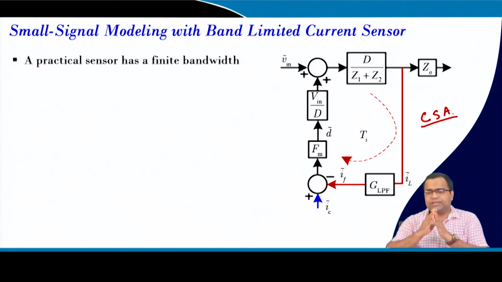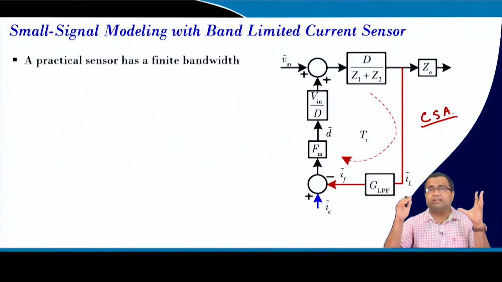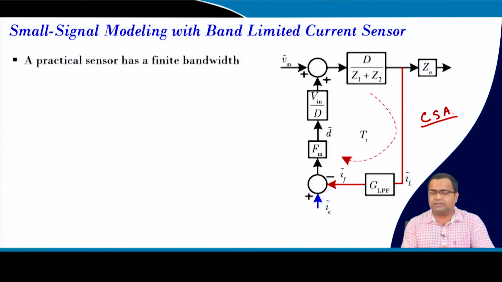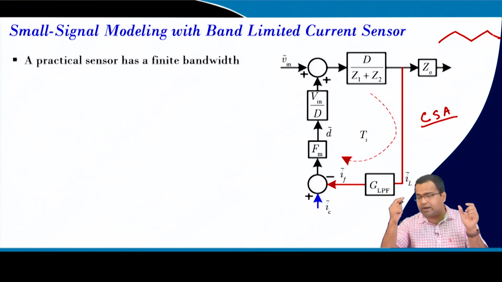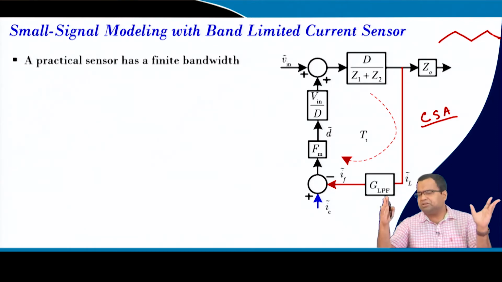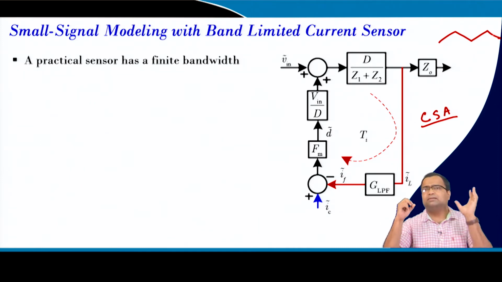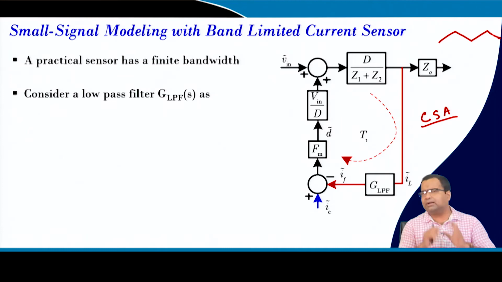There are many ways of implementing current sensing, but particularly for high frequency implementation, the bandwidth of the current sensor is a big concern, because we are talking about inductor current, and if we want to extract the ripple information, then the current sensor bandwidth should be at least 10 times the switching frequency to get this ripple information. But we may not get such a high bandwidth current sensor.